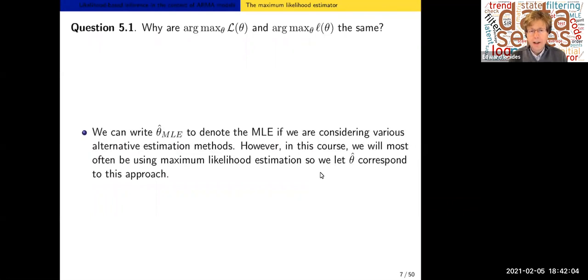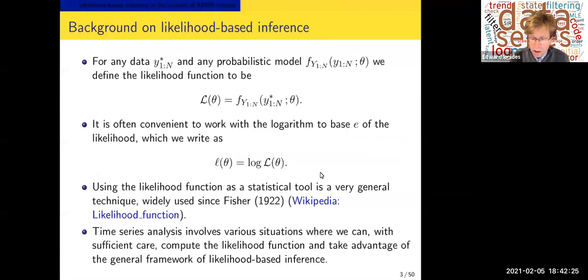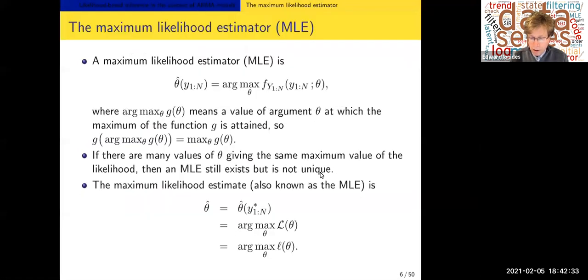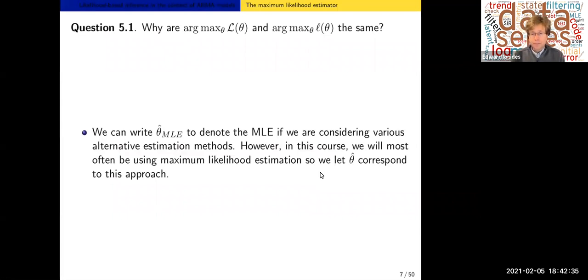Just as a little exercise, you can think, why is argmax of the likelihood and argmax of the log likelihood the same? What property of the logarithm is it that makes these two things the same? Well, log has many nice properties. It's concave, for example.